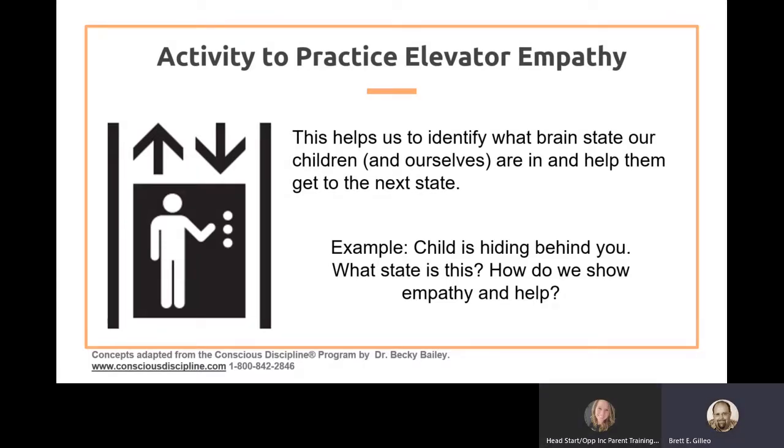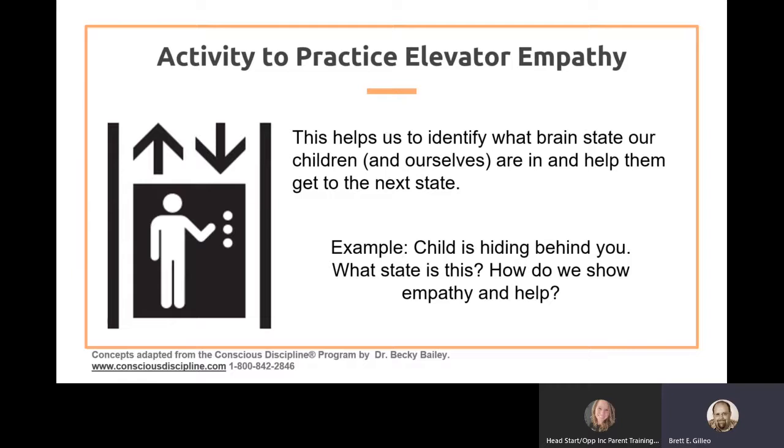As an example, on the bottom of the slide it says, a child is hiding behind you. If a kid is displaying a behavior, you can ask, okay, what state are they in? Are they in the safety state, the connect state, or the executive functioning state, the problem-solving state?